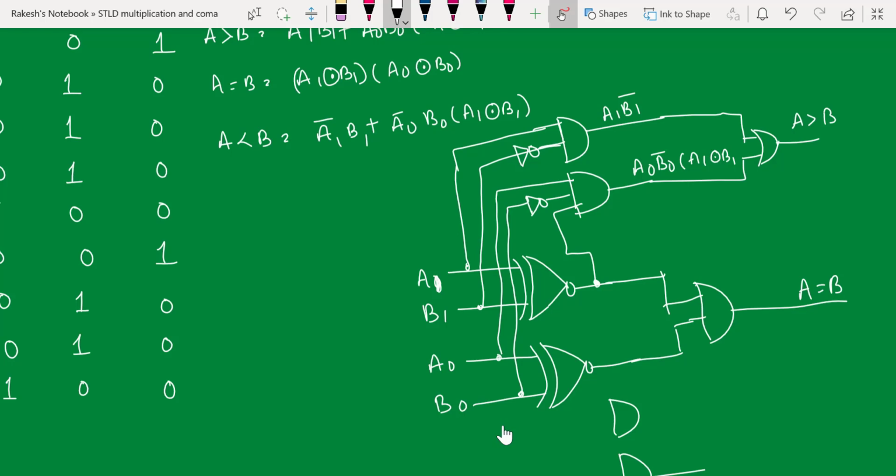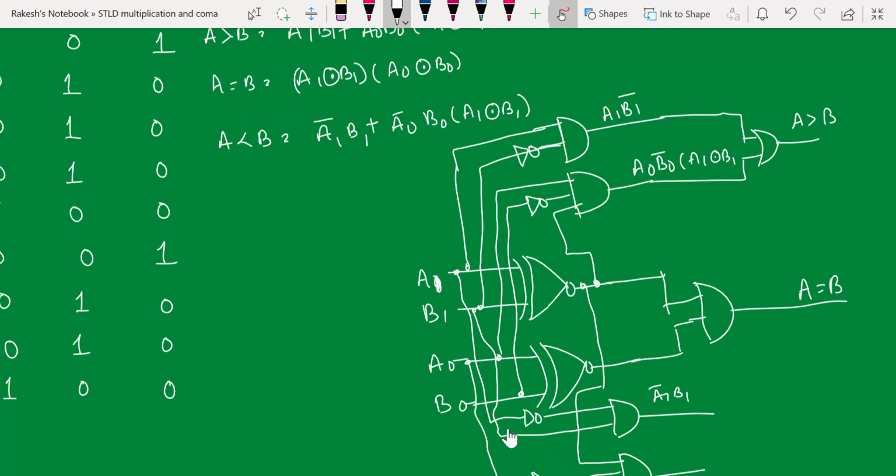Similarly, in this case also, first we are going to take A1 bar times B1. So it's going to produce A1 bar times B1. Then I'm going to take the output of A1 XNOR B1 as one input for the second AND gate. Then A0 bar, then B0.